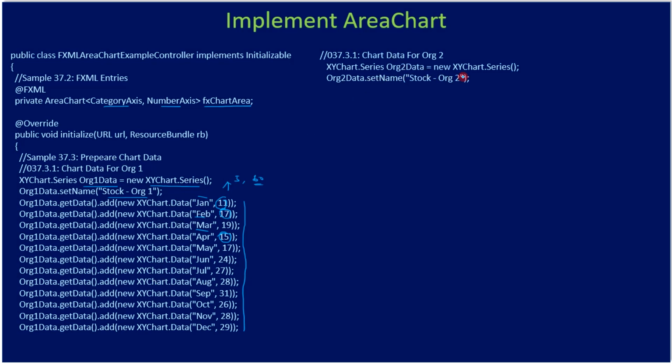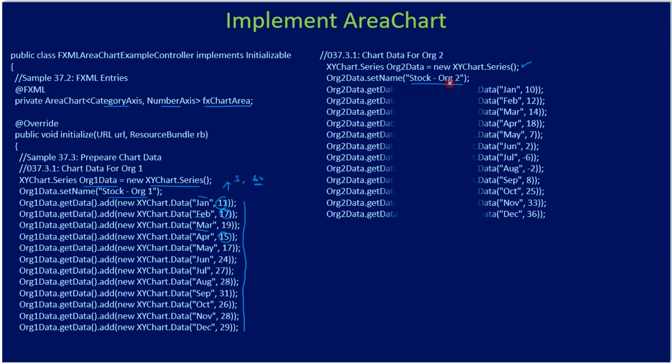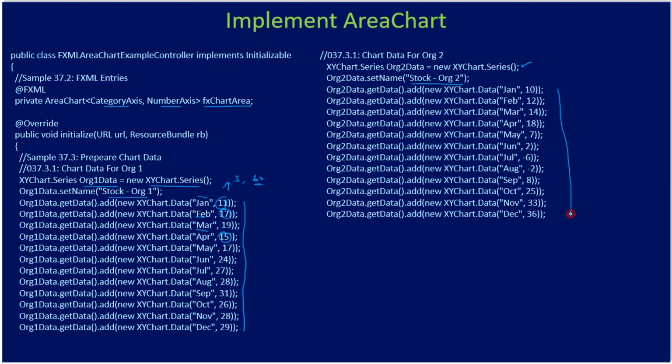Then the same way we are creating the second series here, naming that as organization 2 data, org2 data, and the name is stock organization 2. Then once again we are recording the data for the second series, and here if you see, there are some values which are going in the minus scale as well.